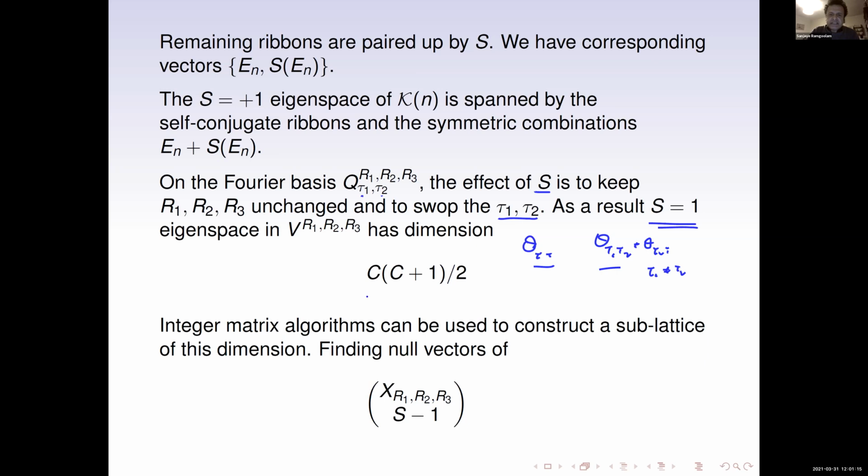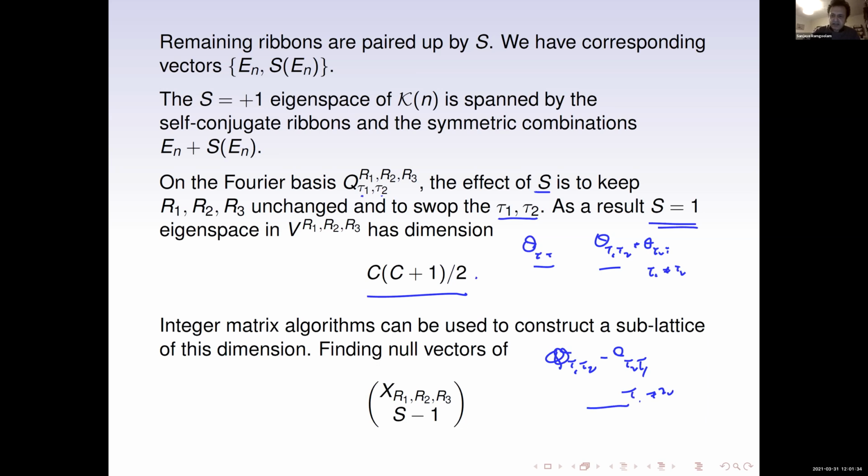So adding those up, there's CC plus 1 over 2. And if you want to get S equals minus 1 in the Fourier basis, you just need to take Q tau1, tau2 minus Q tau2, tau1 with tau1 not equal to tau2. So that just gives you the number of them.